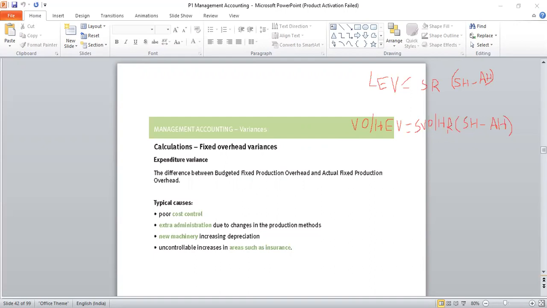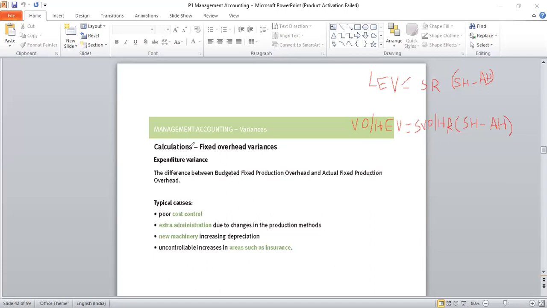But then again, that also has certain variations in the way the ratio or the formula are presented. That is what we will look into. We will take it up one by one and see what the fixed overhead variances are.